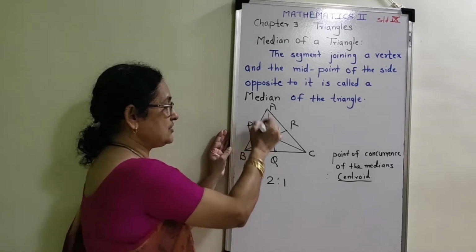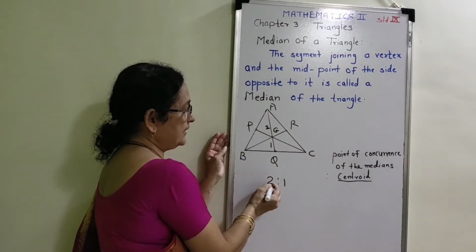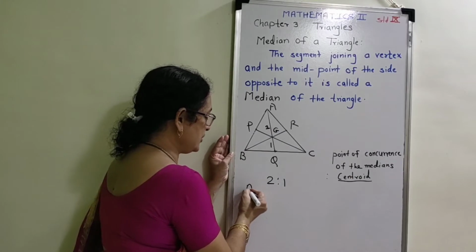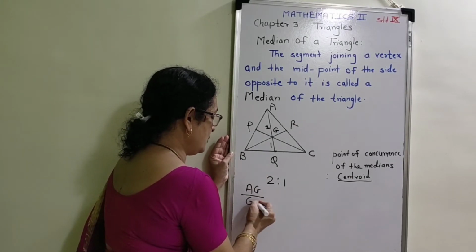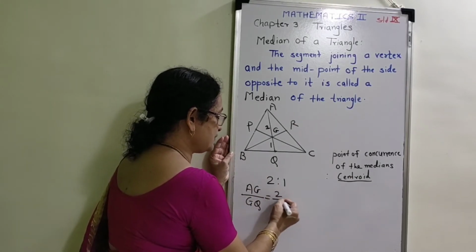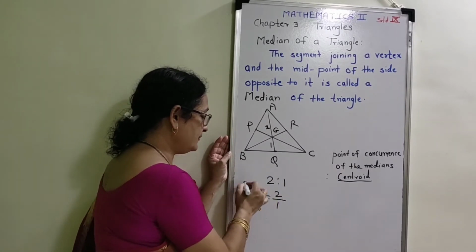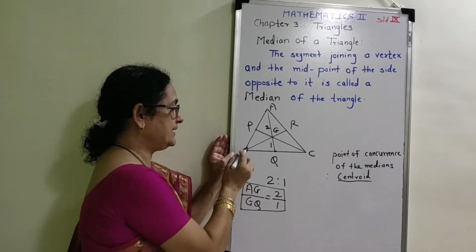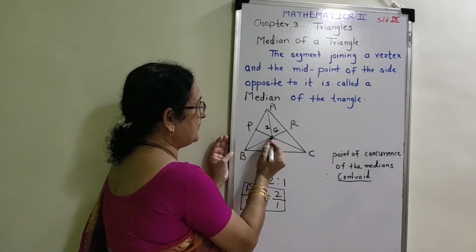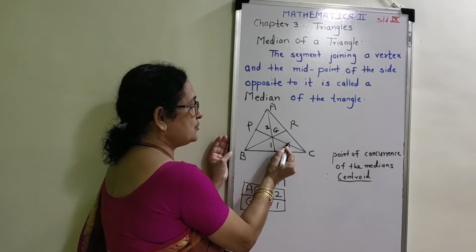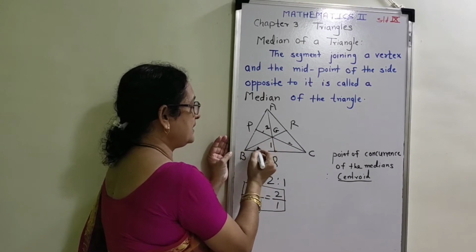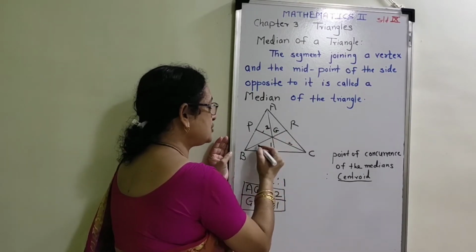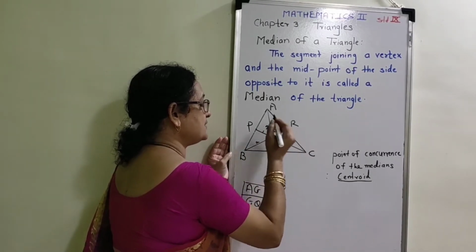That means AG and GQ, the ratio of AG upon GQ is equal to 2:1. For each median we can write the ratio like this: CG upon GP is 2:1. Similarly, BG upon GR is also 2:1.